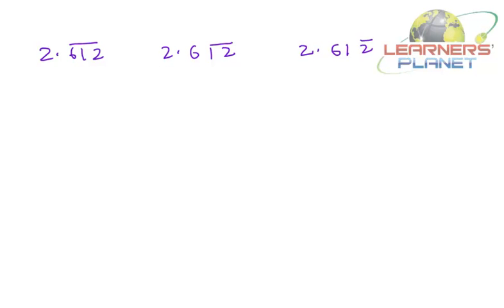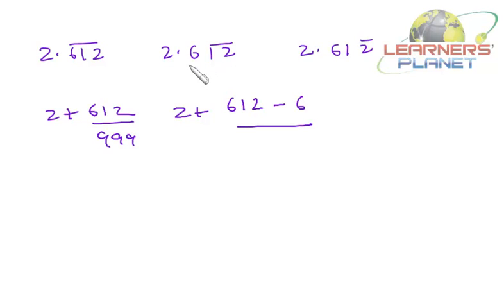Now let's do this problem quickly. It's 2.612 bar, so it will be 2 plus 612 by 999. Three digits are having bar, so I am putting 3 nines over here. Similarly, it is 2 plus 612 minus 6 over 990.